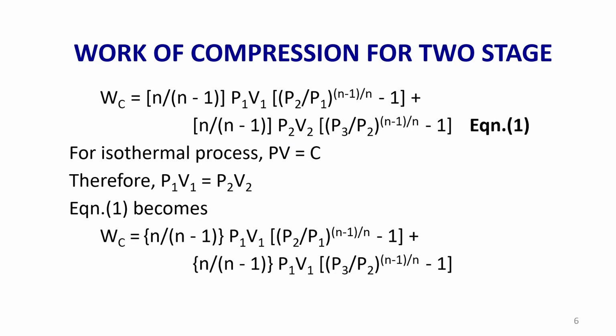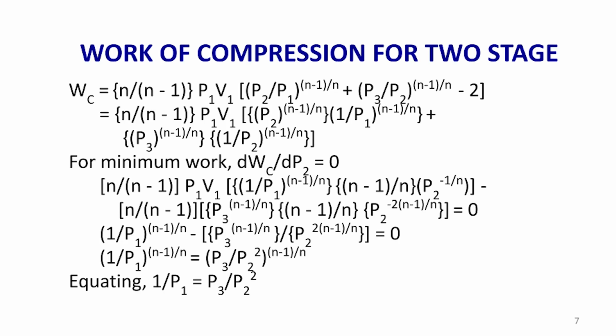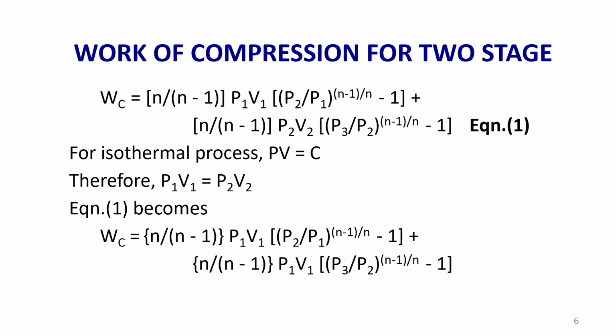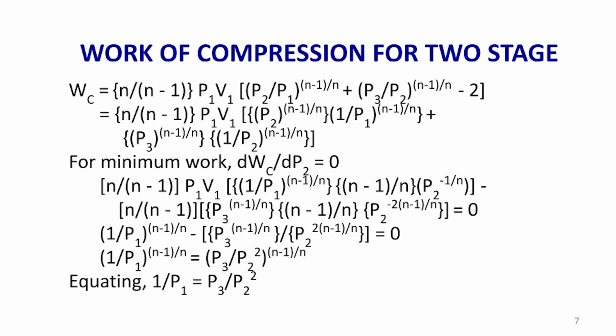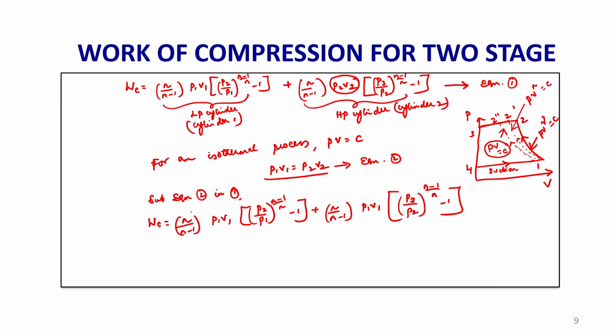So, the first term remains the same, the second term everything remains the same except the P2 V2 is replaced by P1 V1. So, now we can take two terms as common. n by n minus 1 into P1 V1 is a common term in both the summation terms.